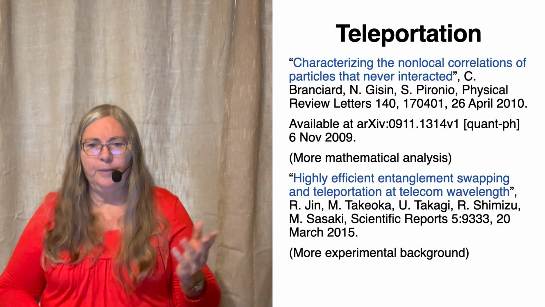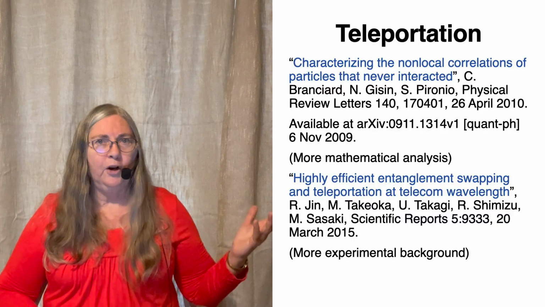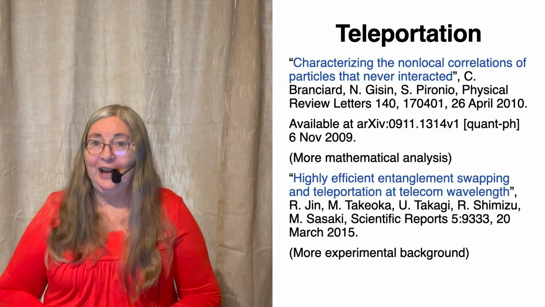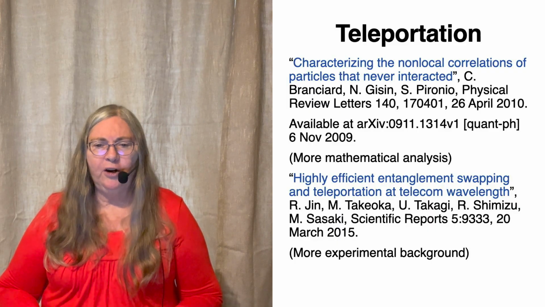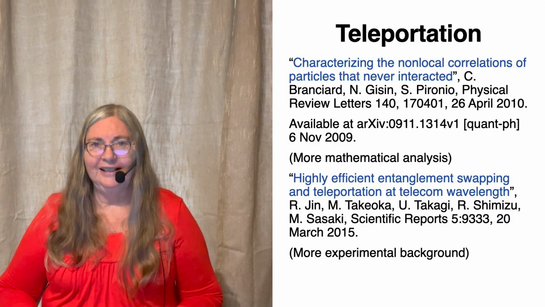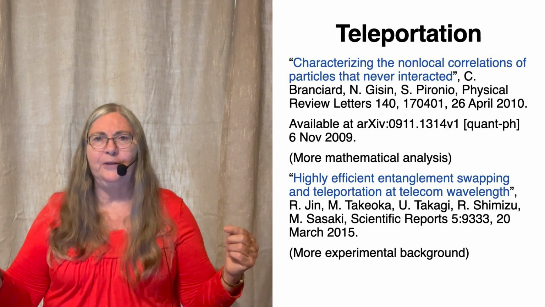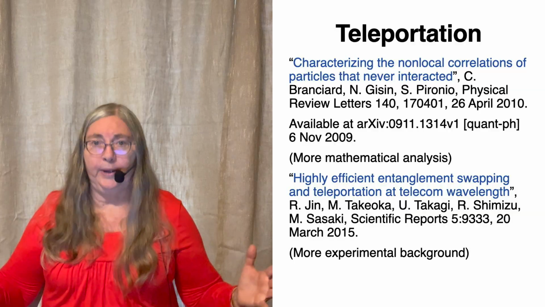Two other papers I want to mention that give us more details on entanglement swapping are given here. I like the title of that first one, Characterizing the Non-Local Correlations of Particles That Never Interacted. Because what we're going to see is that two particles that were formed in very different places can be entangled with each other, even though they have no history in common.